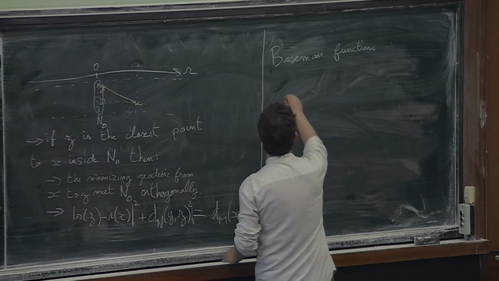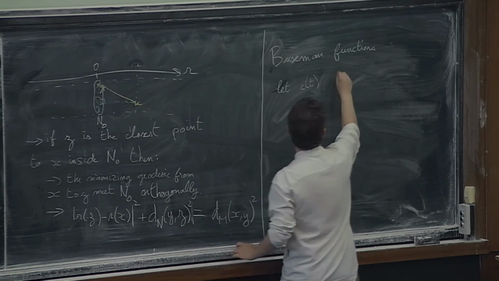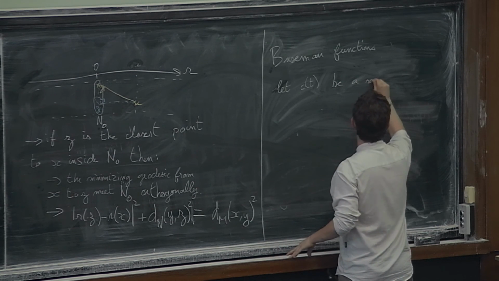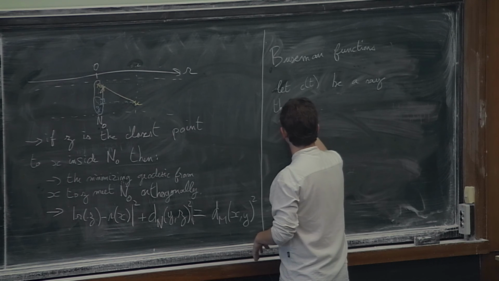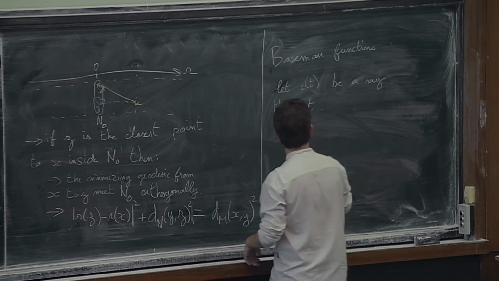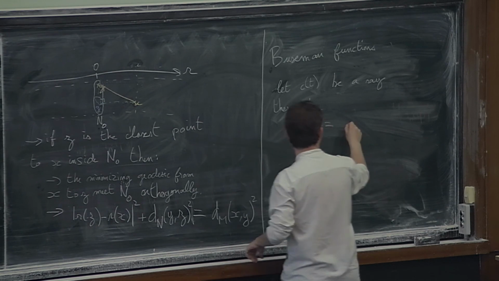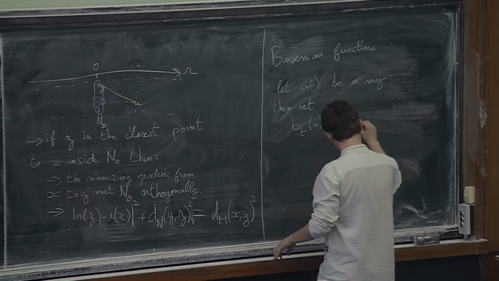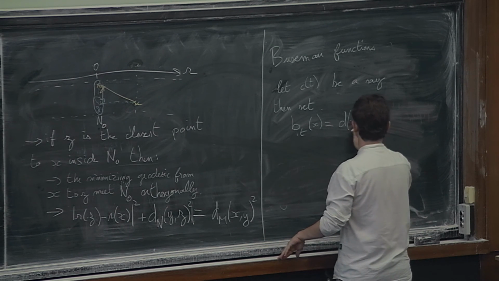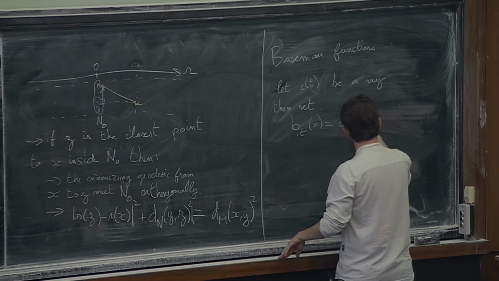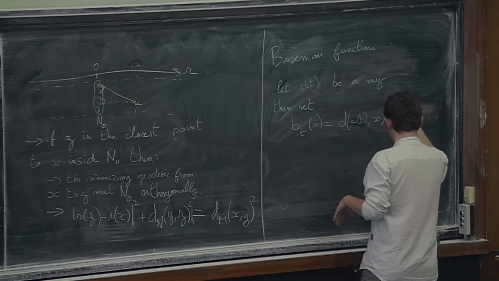So let c(t) be a ray, then set b_t(x) to be equal to d(x, c(t)) minus t.